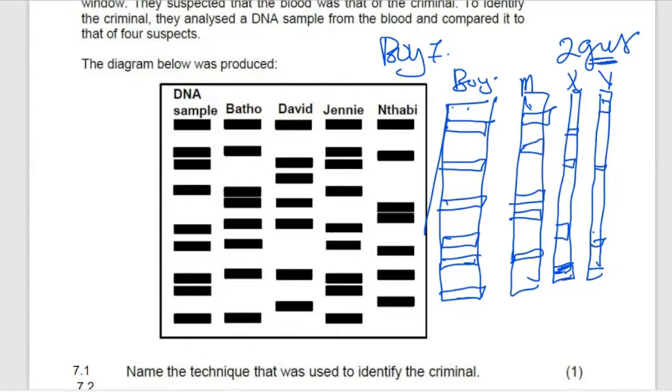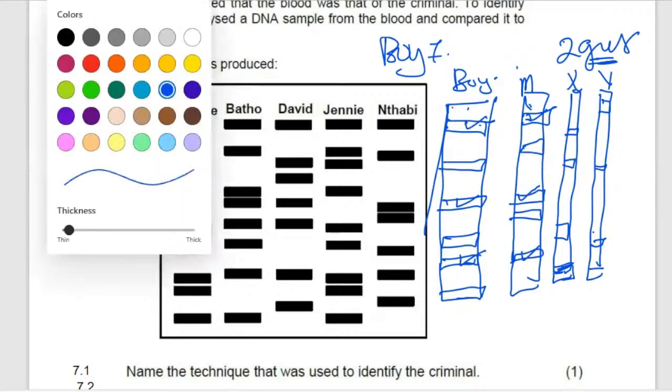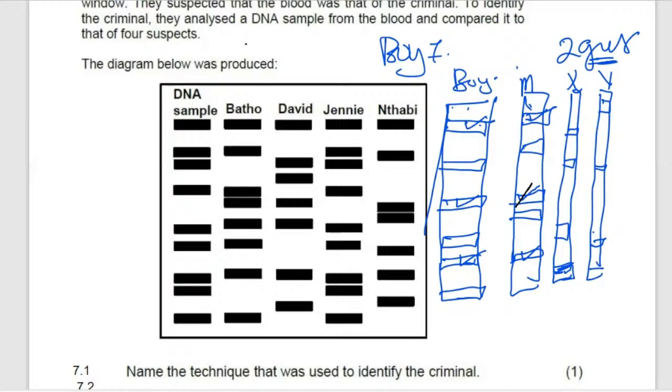What you need to do here is first, because I know the mother, take all the bars which correspond with the mother. This bar corresponds with the mother. Let me use a different color so that we see exactly. So this bar is out, this bar is out, this bar is out with the mother.